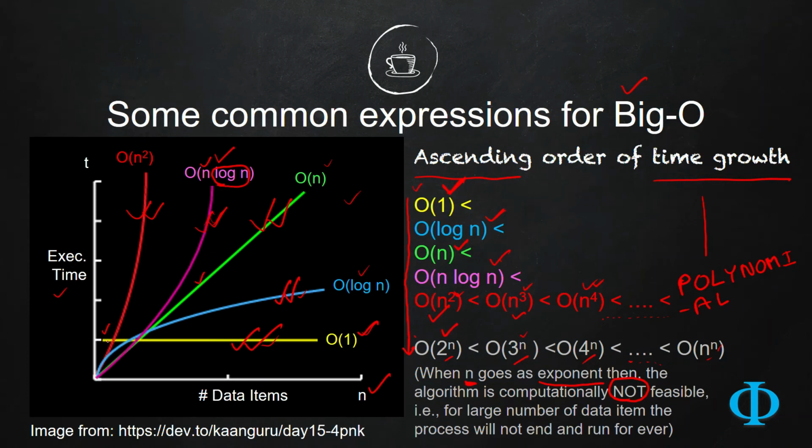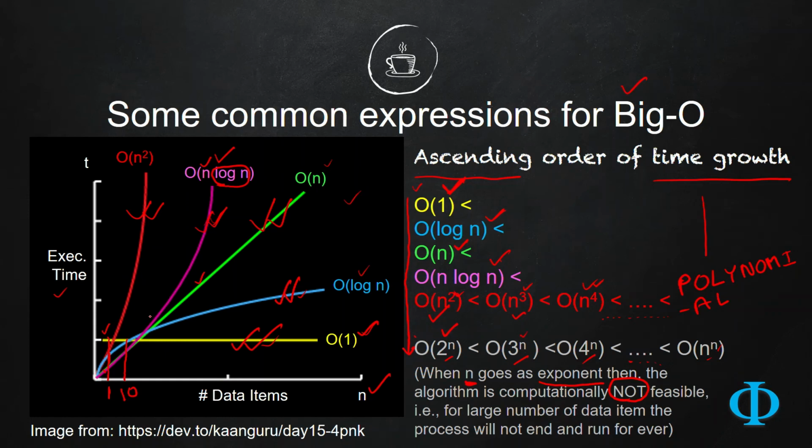When you are taking only one data item, as you can see in this curve, it may happen that order of n takes less time compared to your order of 1 algorithm. Not only one, let's say for 10 data items also, order of n may take less time than order of 1, as you can see in this curve. But that does not mean order of n is better than order of 1.